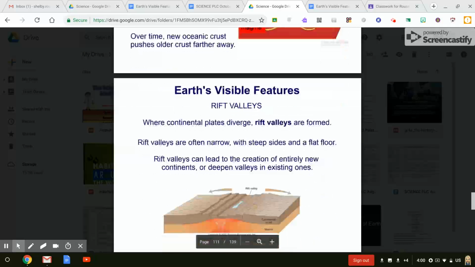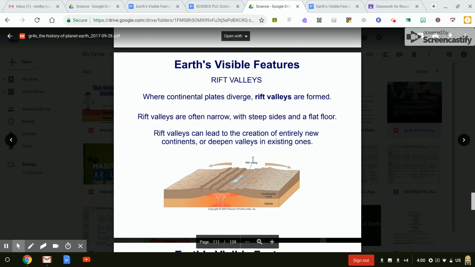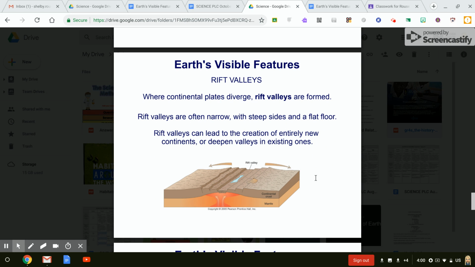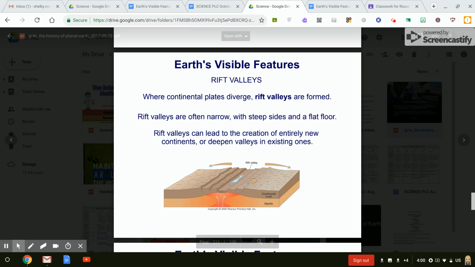But this, a rift valley, has to occur at a continental plate or where there is land. And they are often narrow, which means they're skinny, not very wide, and they have steep sides and a flat floor. Rift valleys can lead to the creation of entirely new continents or deepen valleys in existing ones.